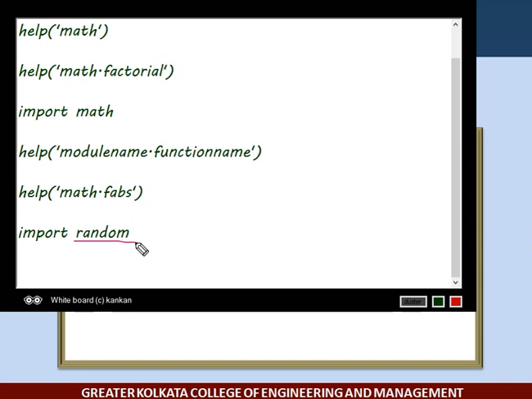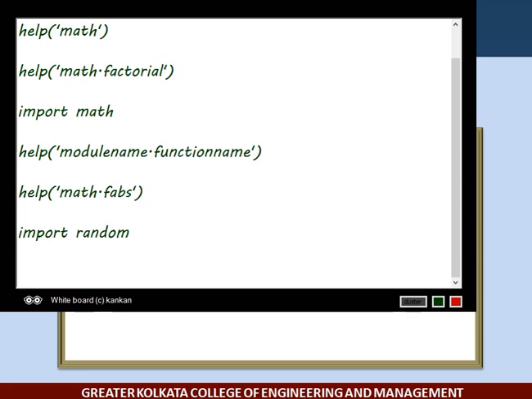Random module. Okay, so we will start. It contains all random functions. Now with program code we will know the use of the random module to generate random values.